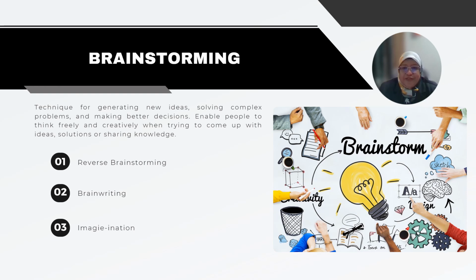These collaborative efforts could lead to innovative features and improvements that address current market gaps and consumer needs. By understanding and applying these brainstorming techniques, individuals and organizations can unlock their creative potential, drive innovation, and make better decisions.